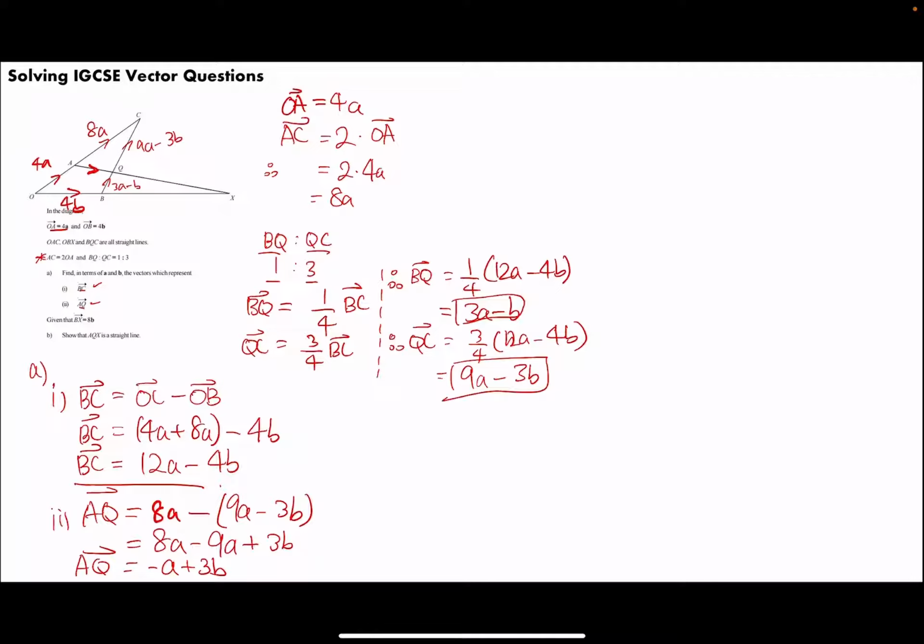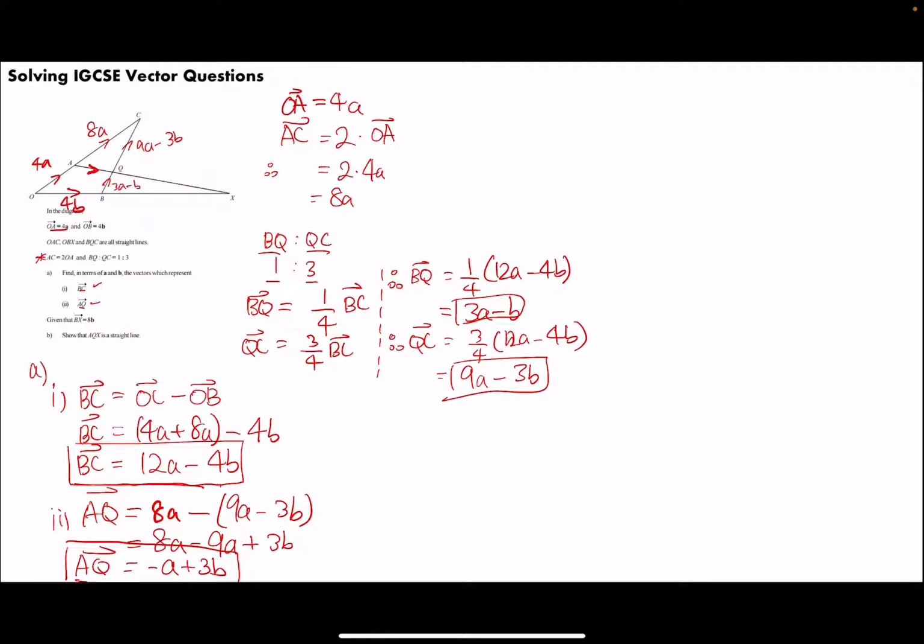Okay, so now we have BC and we have AQ. Now we'll move on to the next part of the question, which is part b. We need to show that A, Q and X are a straight line, because that's what we have to show.